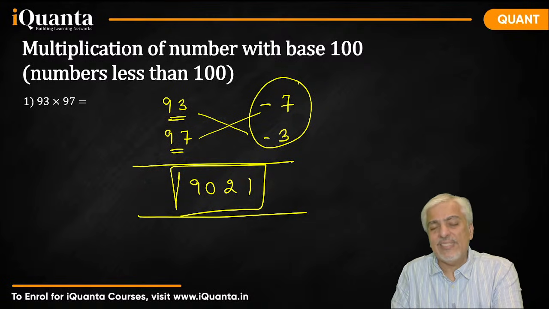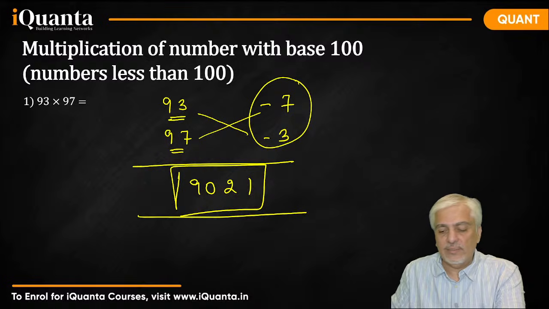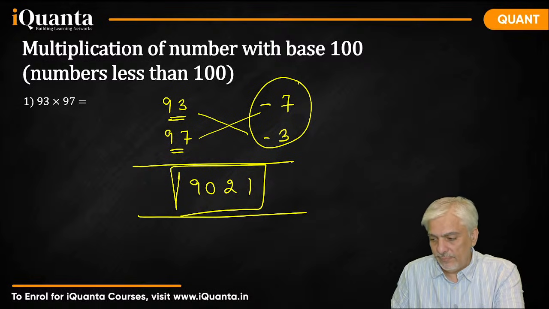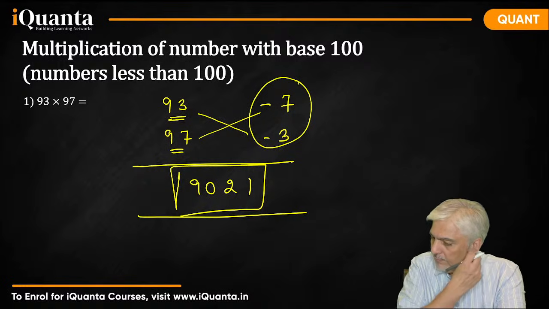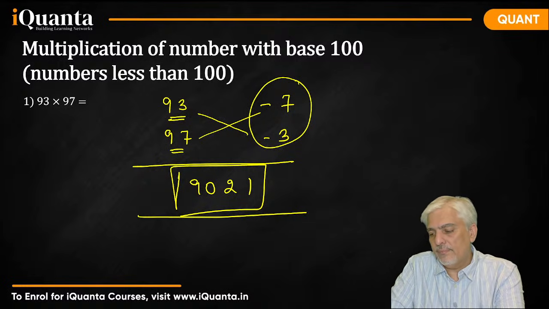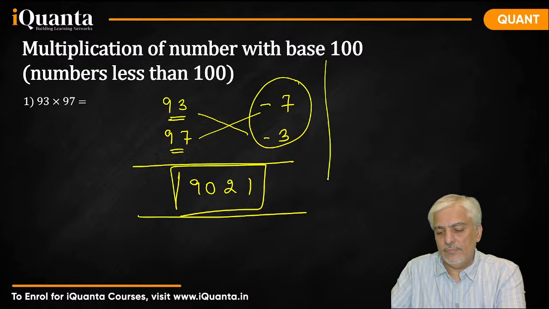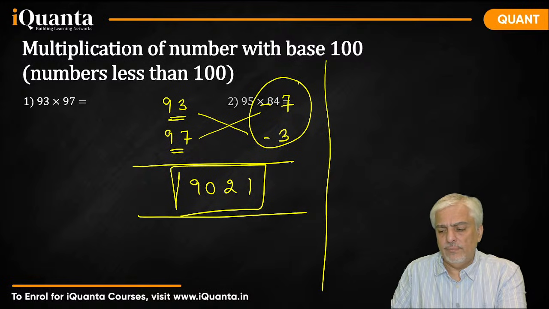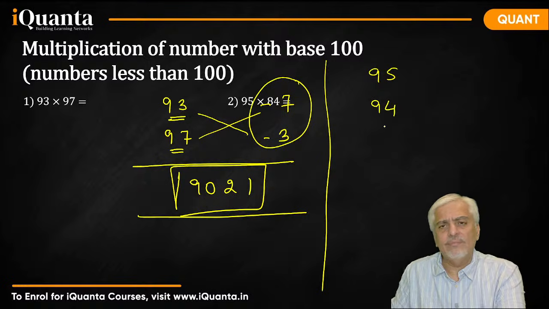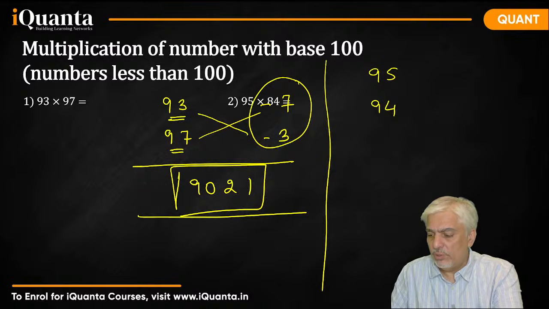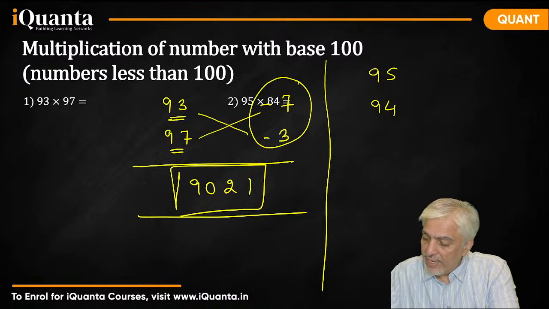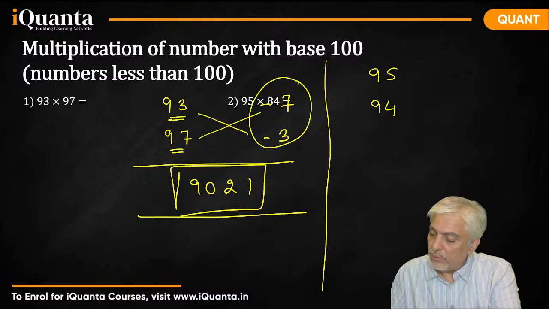This is one of the best things you can do, the smartest way to do things. Let's look at one more number. 95 into 94 first, and later we will do some farther ones.